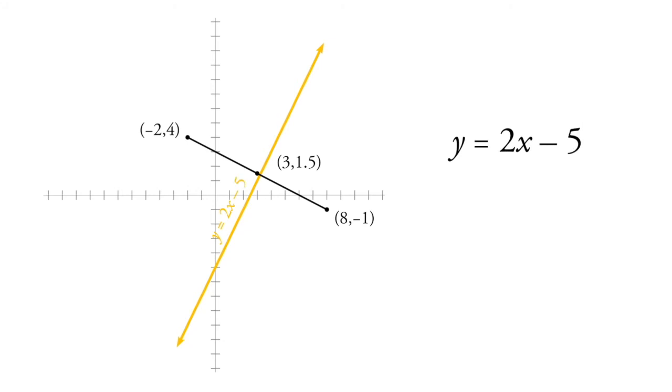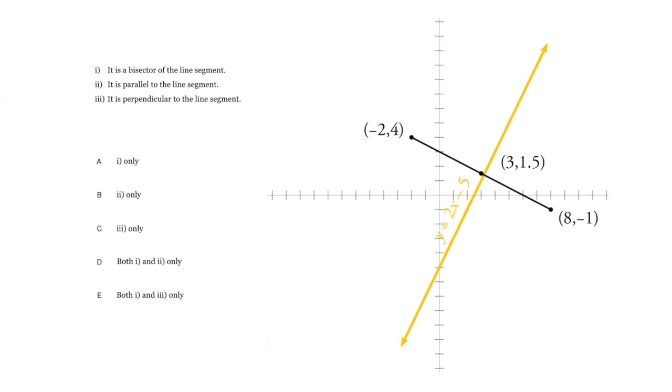And we know our y for the midpoint is 1.5, and our x for the midpoint is 3. So 1.5 equals 2 times 3 minus 5. And let's see if that's true. 1.5 equals 6 minus 5. 1.5 equals 1. No, it doesn't. So 1.5 is close to 1, but not quite. So it is not a bisector.